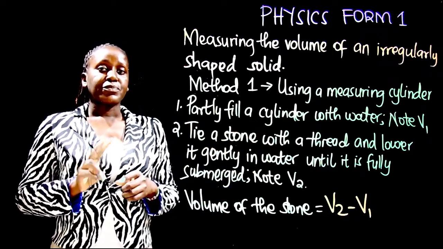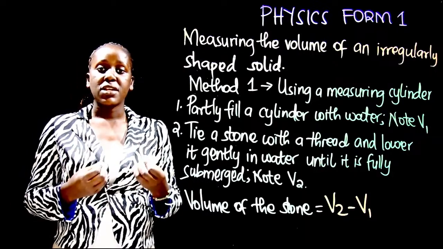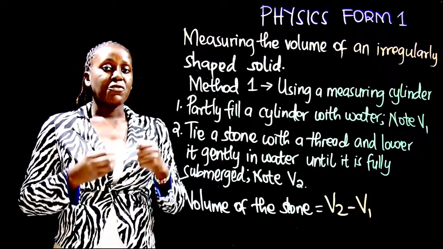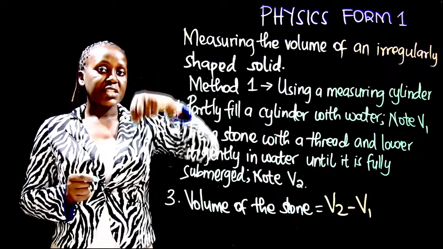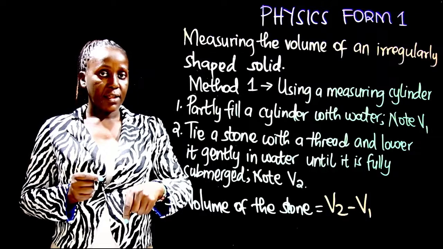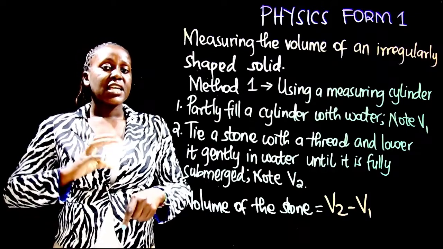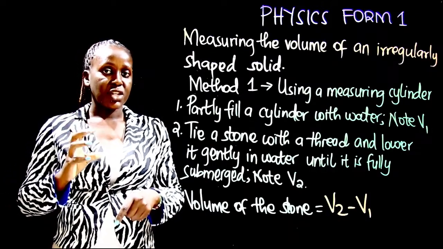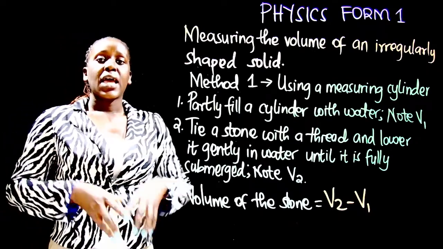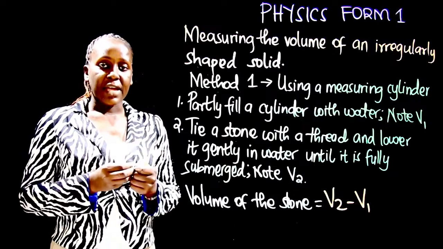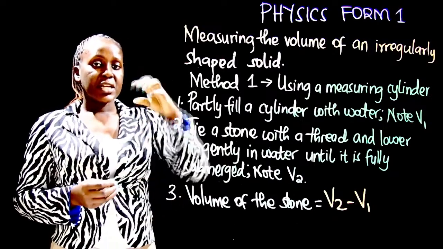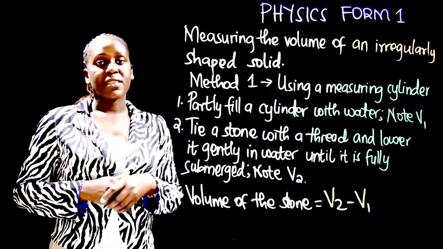Step number two, take your solid, tie it with a piece of thread and then slowly dip it into the measuring cylinder until it is fully submerged. Take your stone, tie it with a thread, and slowly submerge it fully in the water.